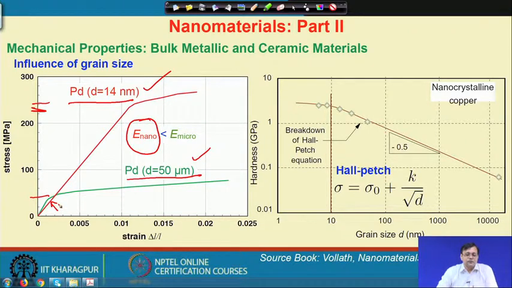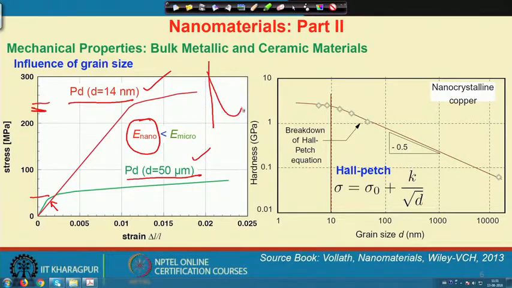This is very high, just by reducing the grain size, whereas the Young's modulus decreases in a nanocrystalline material, because a large amount of disordered atoms are present, which are not sitting in the equilibrium position. If you look at the typical plot of force versus distance, this is the equilibrium position of the atom, and the atom may be sitting here, which will give you a slightly lower Young's modulus.